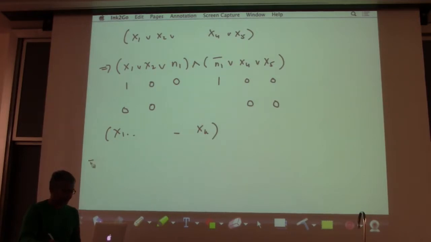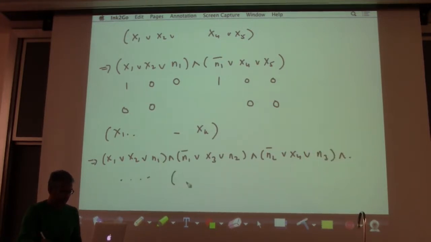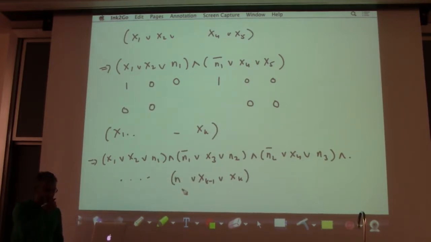So what I want to do, I'm going to rewrite this as x1 or x2 or n1, and n1 bar or x3 or n2, and n2 bar or x4 or n3, and keep going till you get the last one, which would be x(k-1) or xk, and this would be n(k-2).